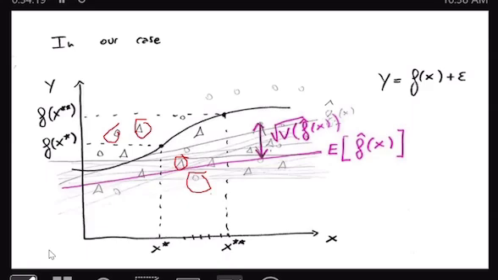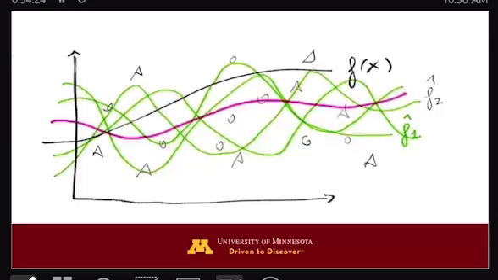Now the next is this. I need you to pay attention. The true functional relationship here is g of s, and that g of s is the black solid line. Do you see the black solid line? That is the true relationship we want to estimate.